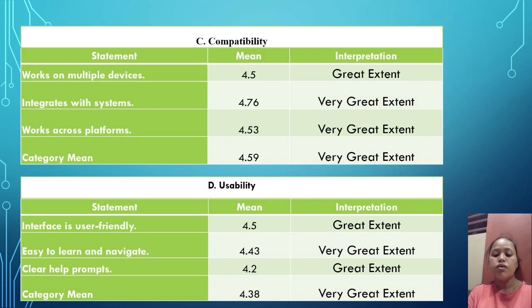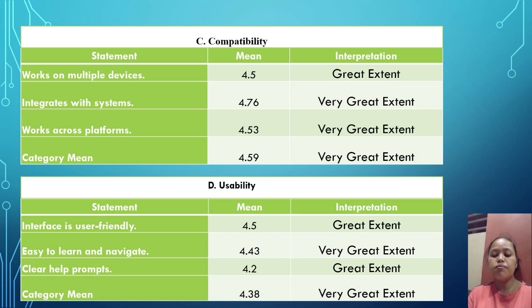Category mean is 4.59, very great extent. The system performs consistently across various devices and platforms and integrates well with other systems. These high scores reflect strong adaptability and interoperability.